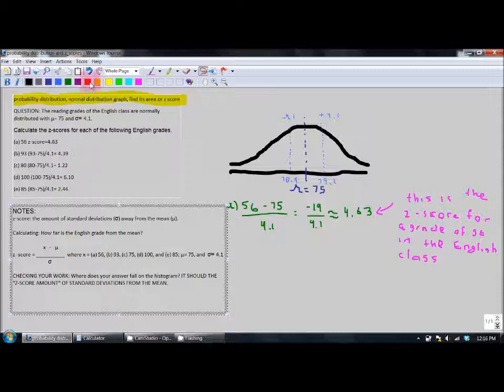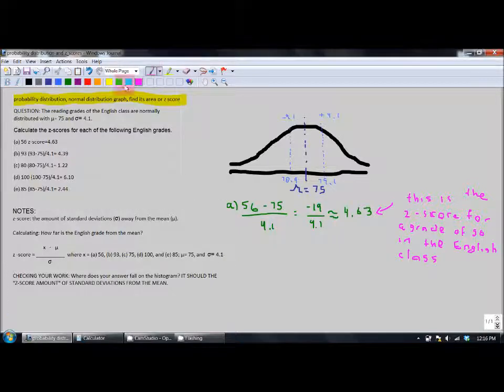So an example of that would be, let's just write some things in here. So we have the number 56 here. Let's just say that 56 is about right here. According to the mean, the score of 56 is to the left of the mean. It's less than the mean. You have these other numbers, right?